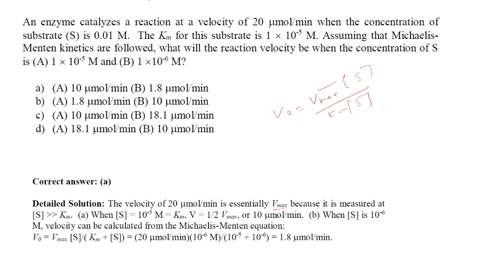Once the concentration of S is way higher than Km, then V naught is equal to Vmax. And when S equals Km, V naught is equal to half Vmax, right?